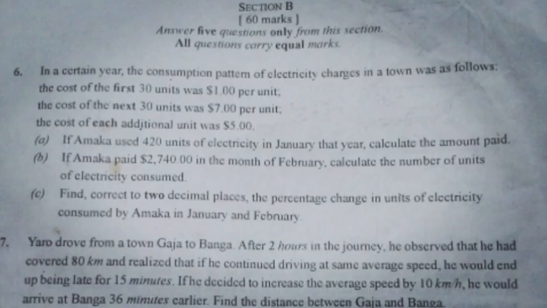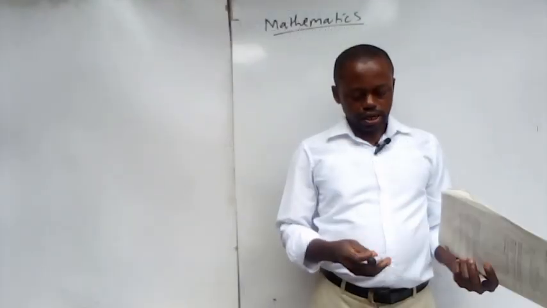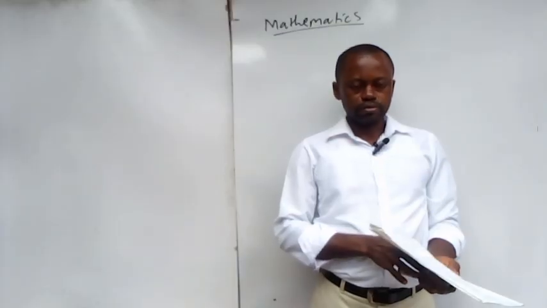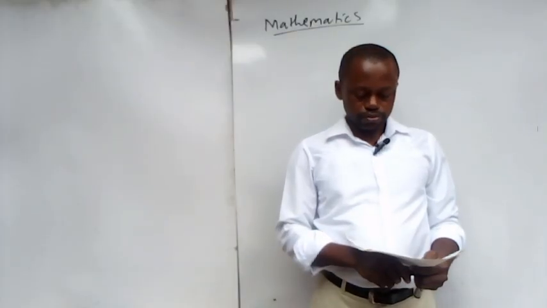If he decides to increase the average speed by 10 km per hour, he would arrive at Banga 36 minutes earlier. Find the distance between Gaja and Banga. Whatever names are contained in this statement are not a problem.